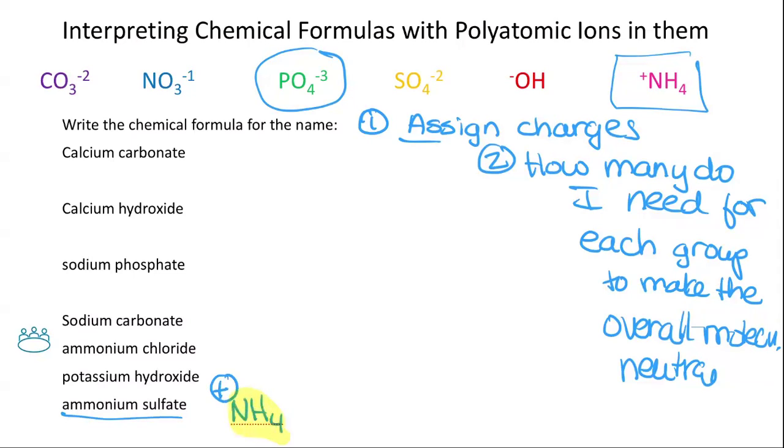It's a unit. I'm not breaking it apart. Sulfate, also a unit. Sulfate is -2. Now how many ammoniums do I need to cancel that -2? I have a -2 here, and I have a +1 here, so I need another one.